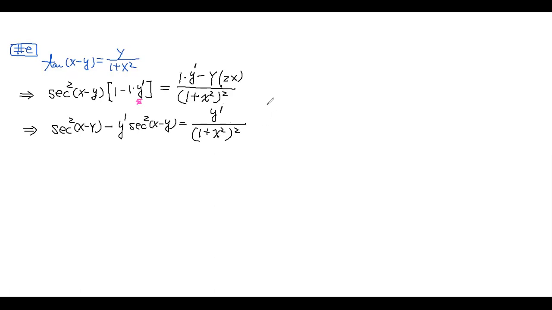I don't want to skip the step, so you will understand. So this one is y prime minus 2xy over (1 plus x squared) squared. I just try to keep it simple, don't want to skip the step. This is 2xy, so this is 1 plus x squared. Okay, so now it's good.